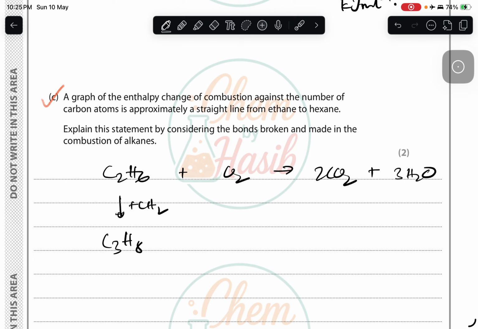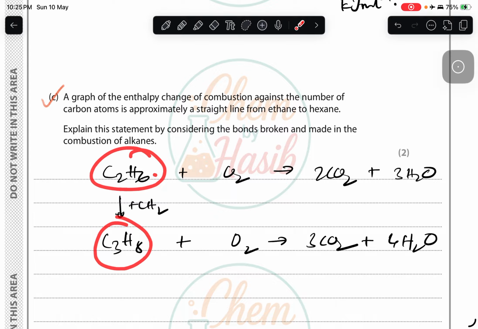If you carry out complete combustion of propane, it will produce 3 moles of carbon dioxide and 4 moles of water, right? Basically what happens when you move from C2H6 to C3H8, the formula increases by CH2.